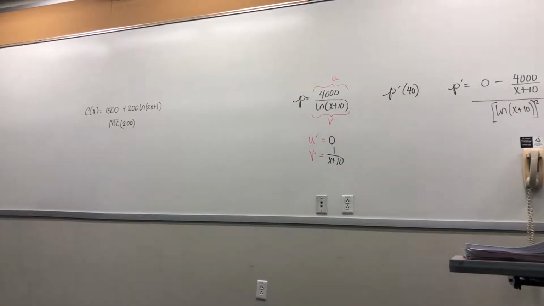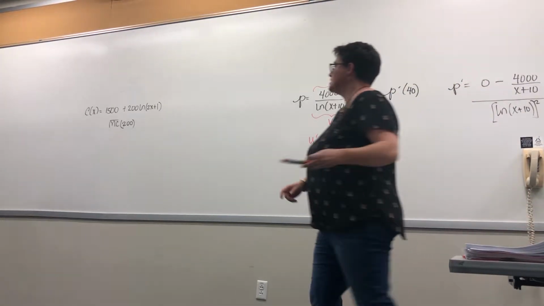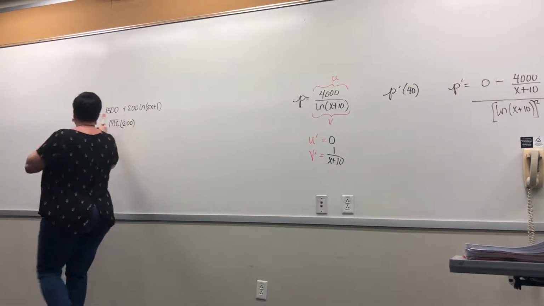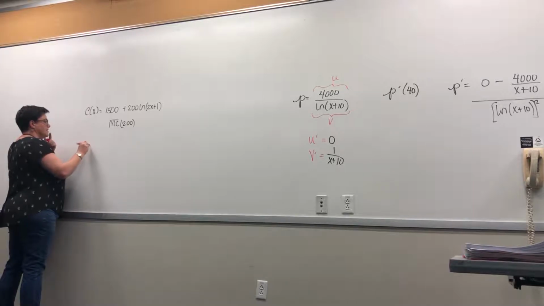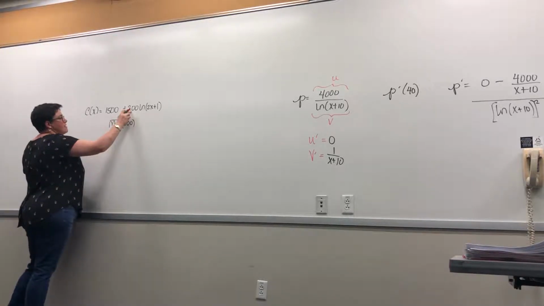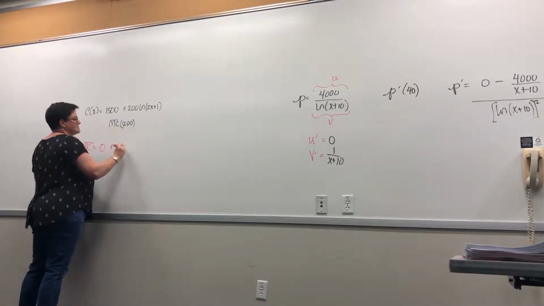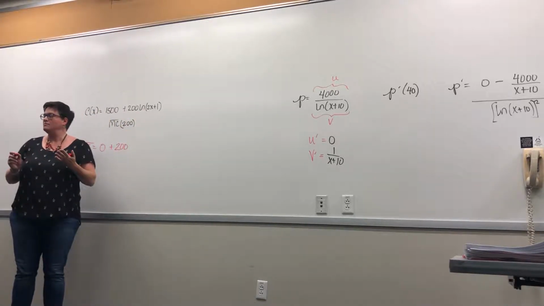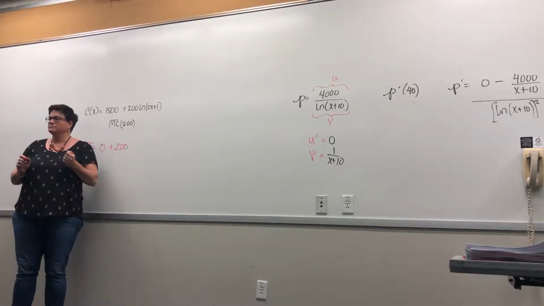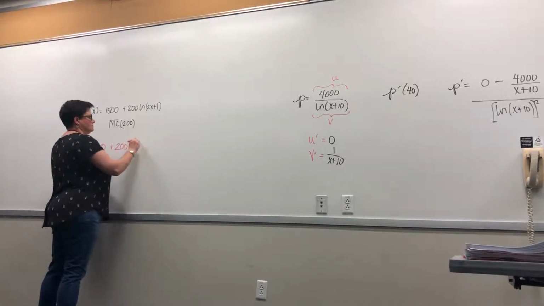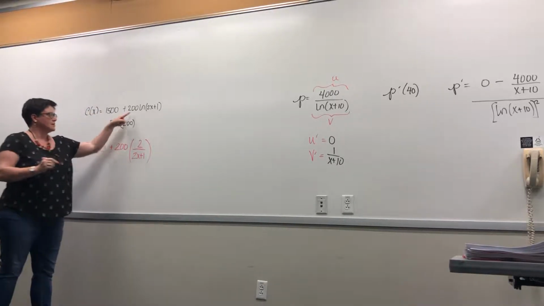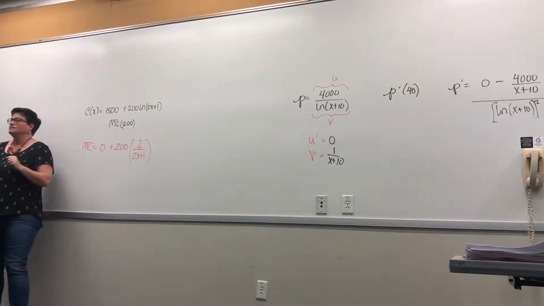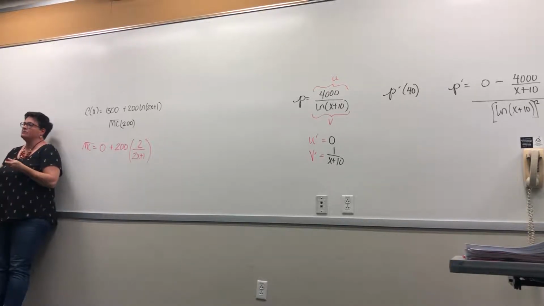Okay? So let's go line by line. What's the derivative of 1500? 0. 200 is gonna go along for the ride because it's a constant coefficient of the natural log. What's the derivative of the natural log of u? So 4x cubed becomes 12x squared. Did the 4 go away?